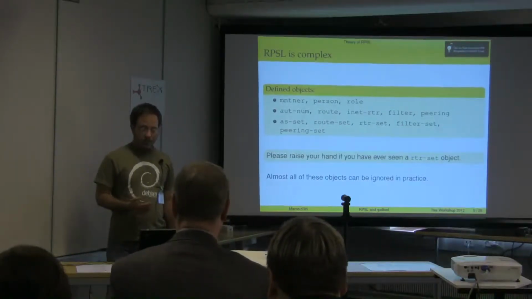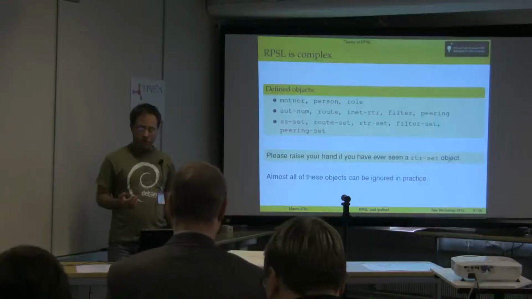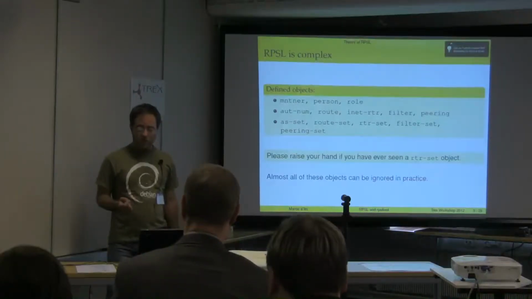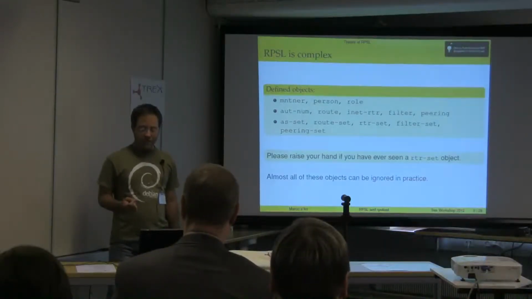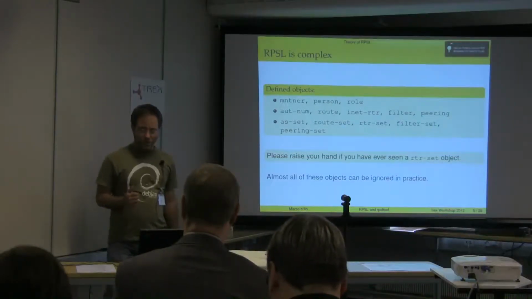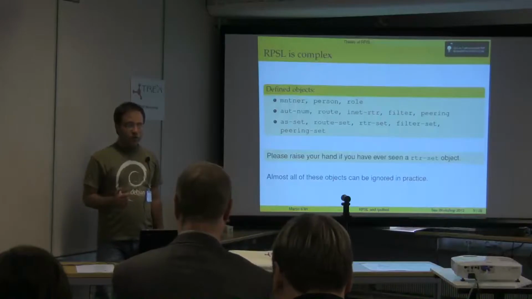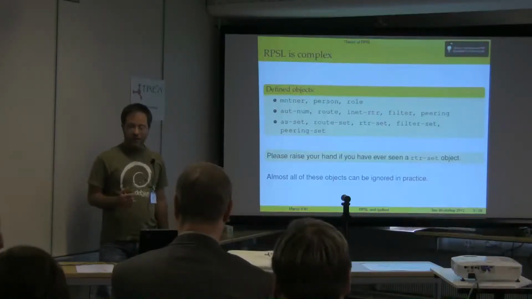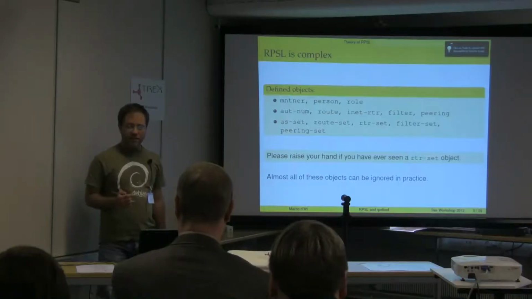Then there are also a lot of less common objects. Have you ever seen an rtr-set object? So I think 2, maybe 3 networks in the whole world use RPSL to define their complete configuration.